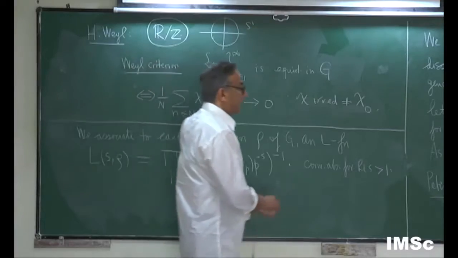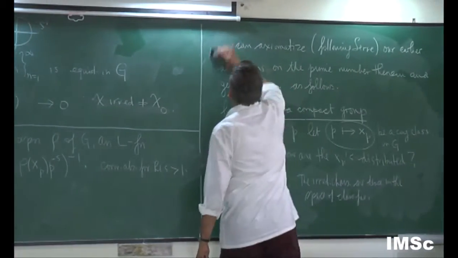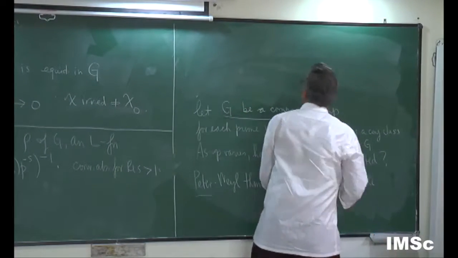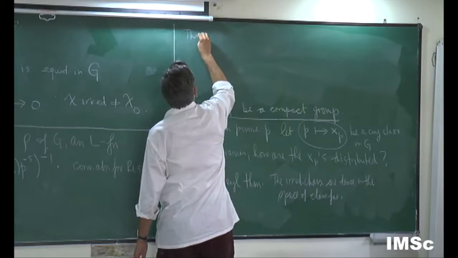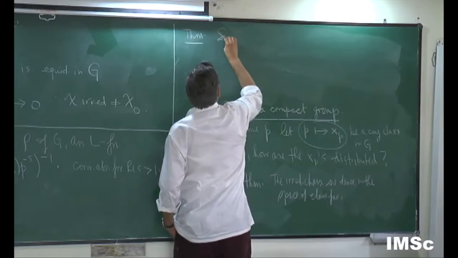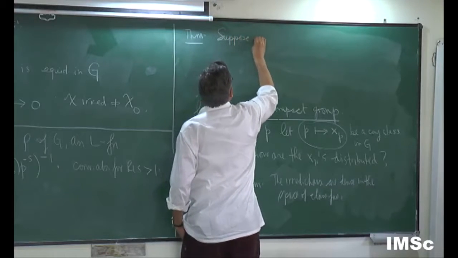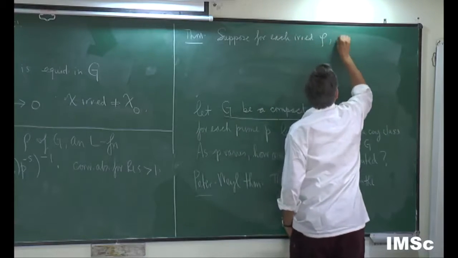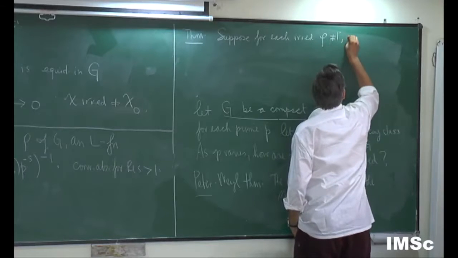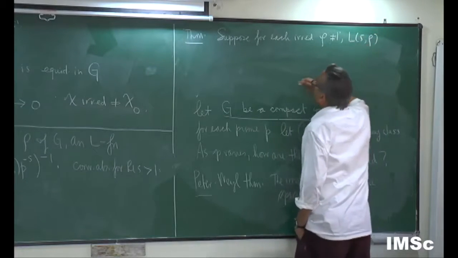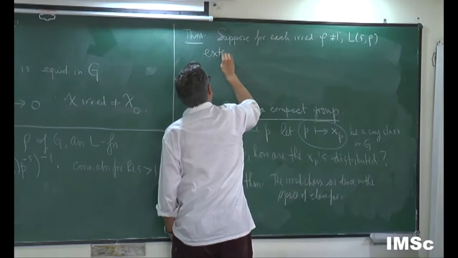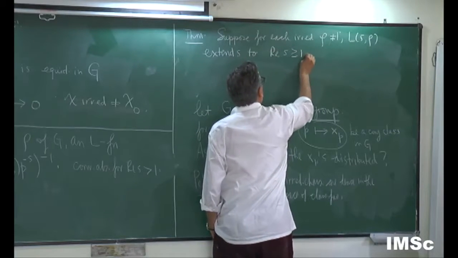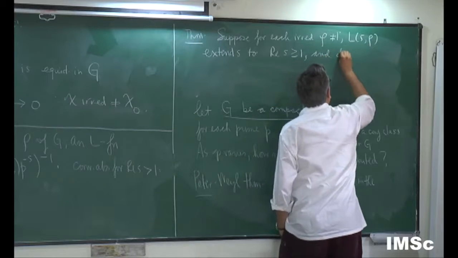So Serre begins by saying that suppose, theorem, suppose for each irreducible rho not equal to 1, L(s, rho) extends to real part s greater than or equal to 1 and does not vanish there.